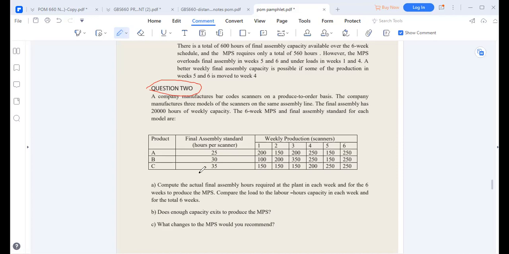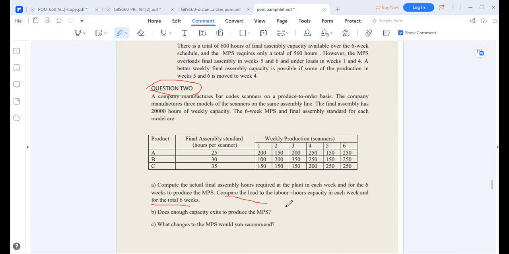Now, the first question says, compute the actual final assembly hours required at the plant in each week and for the total 6 weeks to produce the master schedule, which is the MPS, and compare the load to the labor hours capacity in each week and for the total 6 weeks.